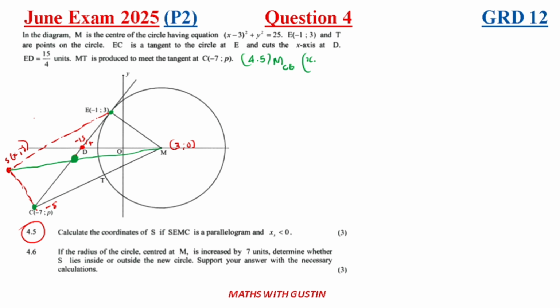So X at E plus X at C all over 2 should also be the same as Y at E plus Y at C divided by 2, and then M AC is equal to, okay, at E we're going to have -1 there, and the minus plus into -7, just to show the substitution, guys, divided by 2. Therefore here you're also going to have Y at E, which is 3 minus -5.